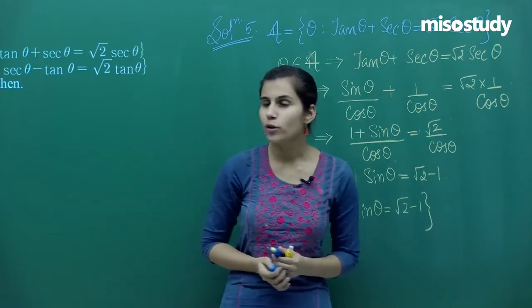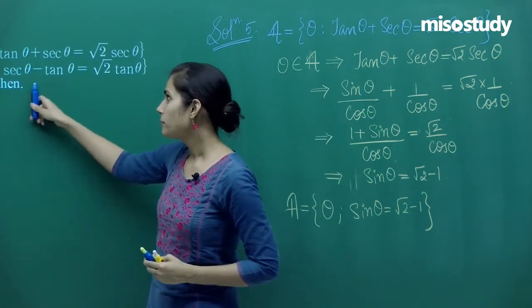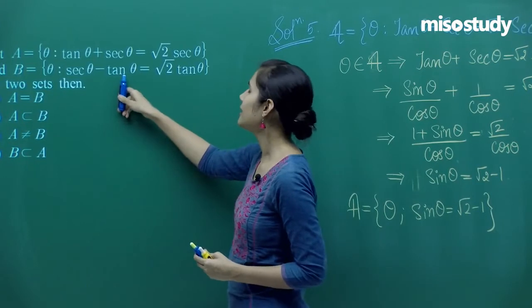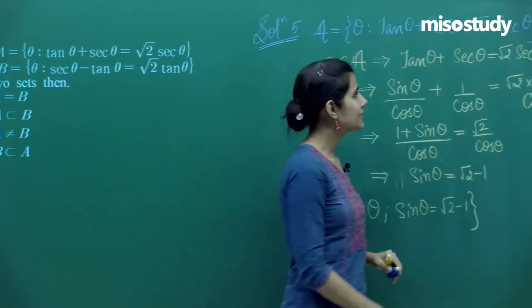That is what we are supposed to do with B also, if that's possible. Let's see what B is. All those thetas such that sec theta minus tan theta is root 2 tan theta. Let's try and decode that.